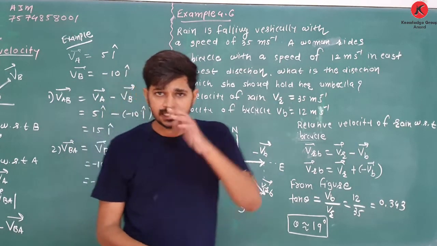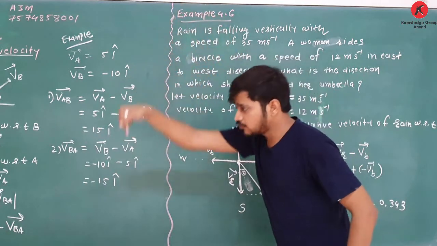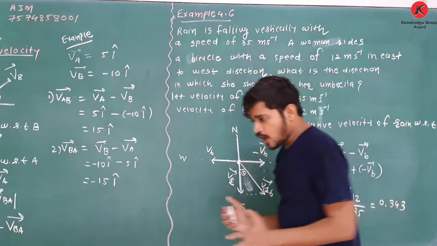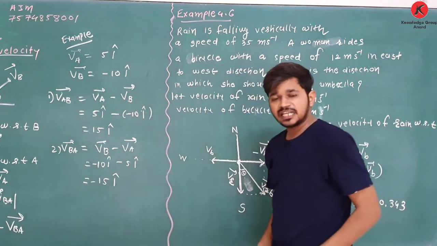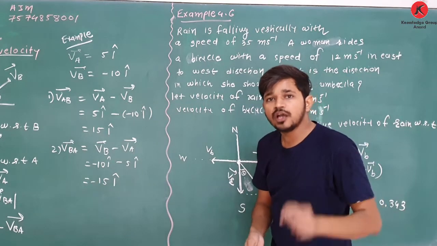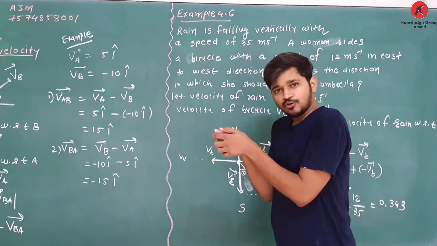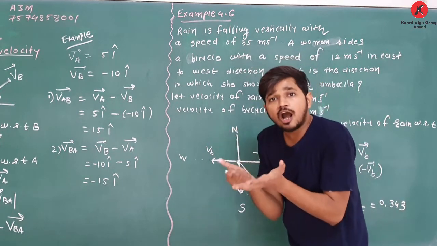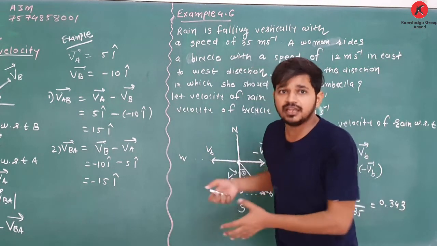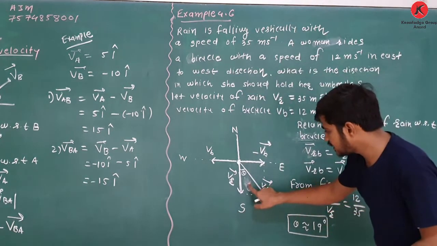Your question is, if rain is falling in a vertically downward direction and you are moving in the west direction, then in which direction do you have to hold the umbrella? Practically, we have to hold the umbrella like this. But how to write it in the form of an angle? See, this angle is theta.